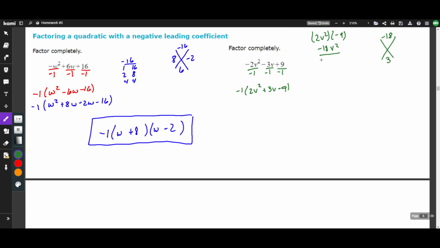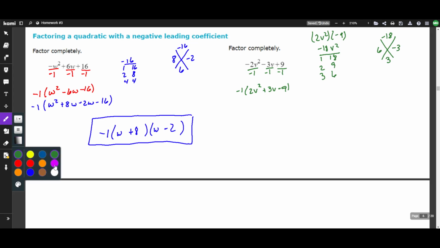Looking at what we have, 1 and 18, 2 and 9, 3 and 6, 4 doesn't go into 18, 5 doesn't go into 18, and I'm back to 6. So those are all my factors. If I need to get to a 3, I can do 6 minus 3 equals 3.